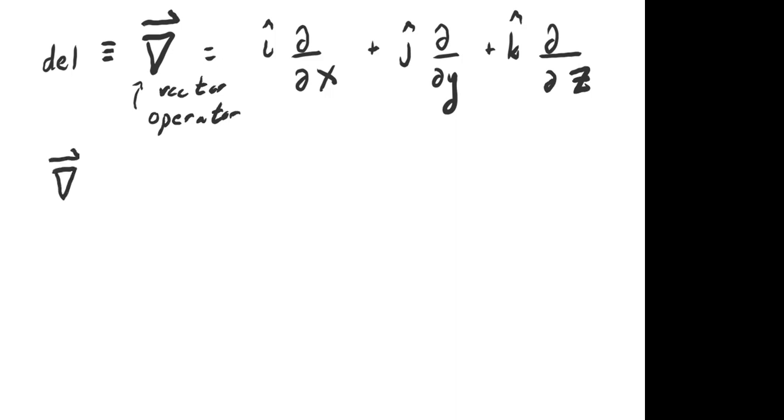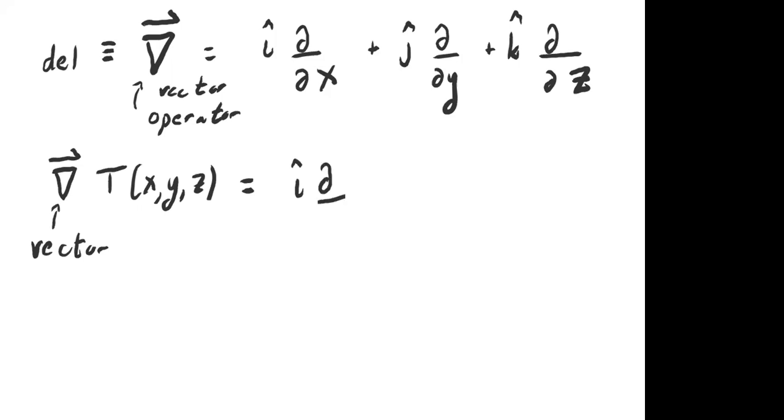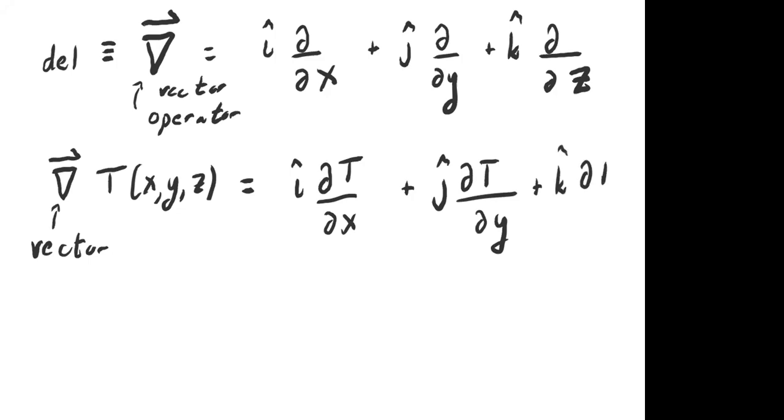When I take del, which is a vector, and act on the temperature, which is a scalar, I get i hat partial derivative with respect to x of t plus j hat partial derivative of t with respect to y plus k hat partial of t with respect to z. And again, everything here on the right-hand side, by definition, has to be a vector.